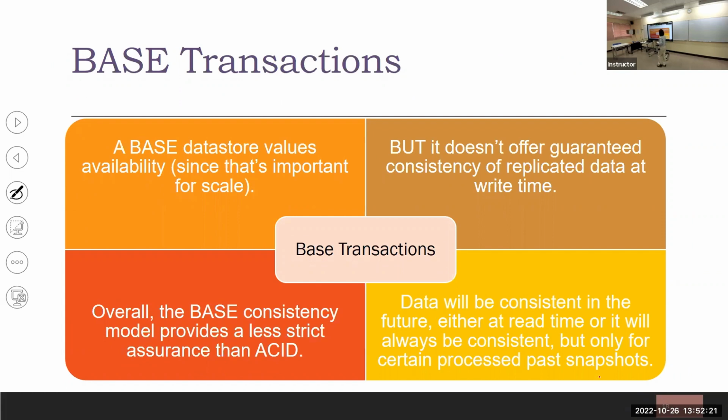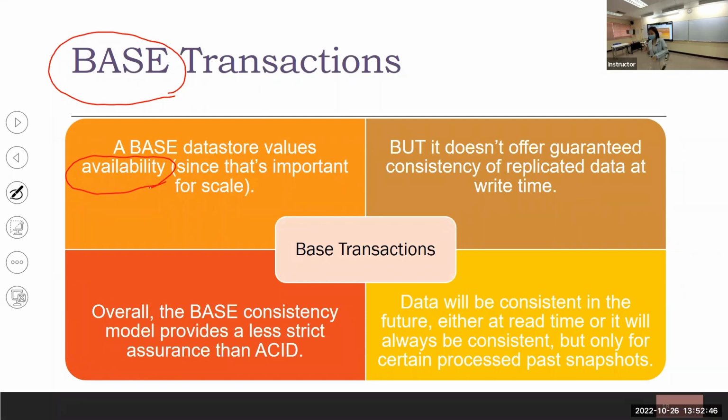So in conclusion, if we talk about BASE transactions, availability has the highest value. BASE transactions value availability the most. ACID transactions value consistency the most.